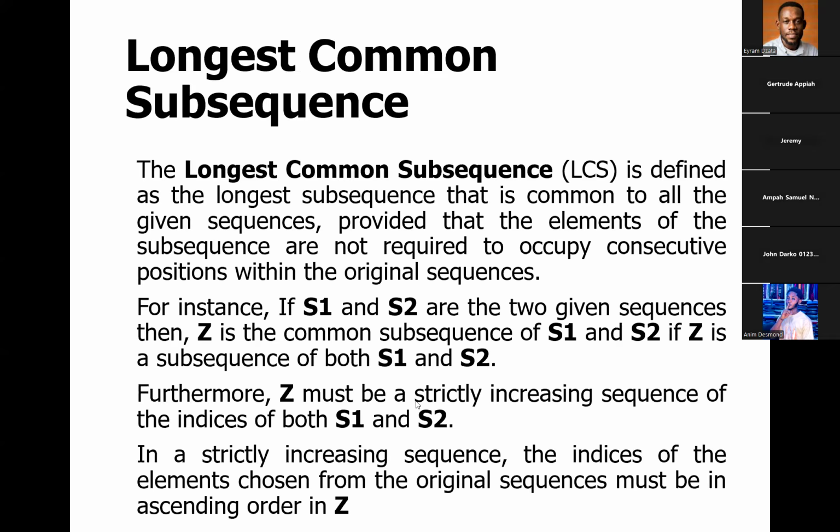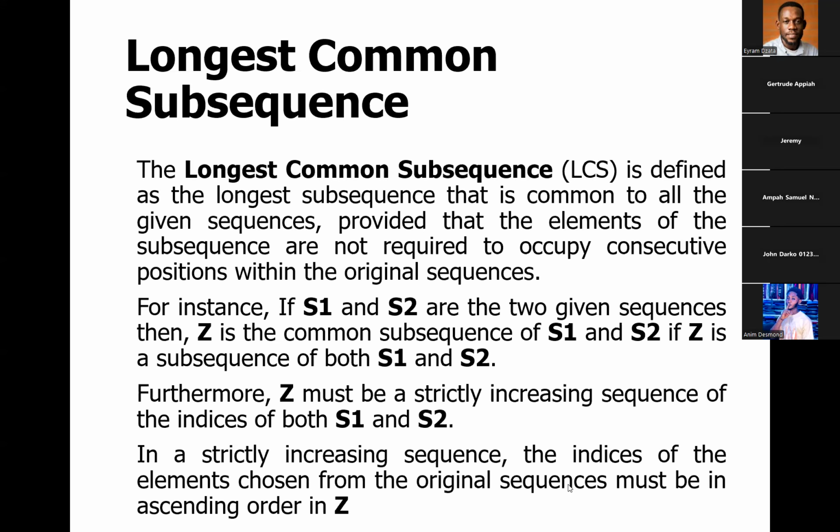Furthermore, Z must be a strictly increasing sequence of the indices of both S1 and S2. In a strictly increasing sequence, the indices of the elements chosen from the original sequence must be in increasing order.